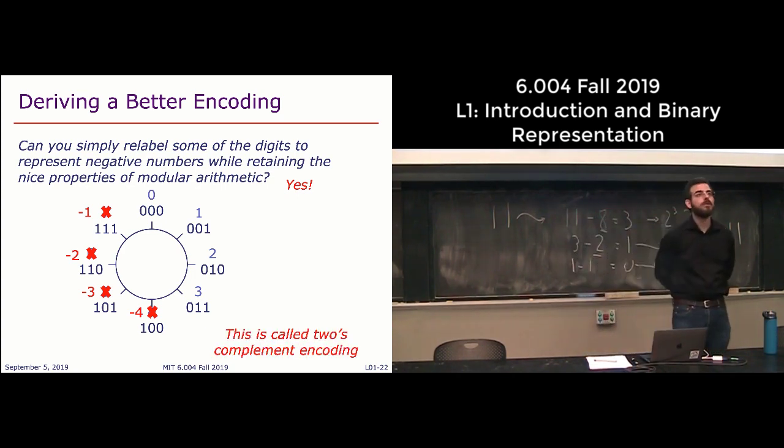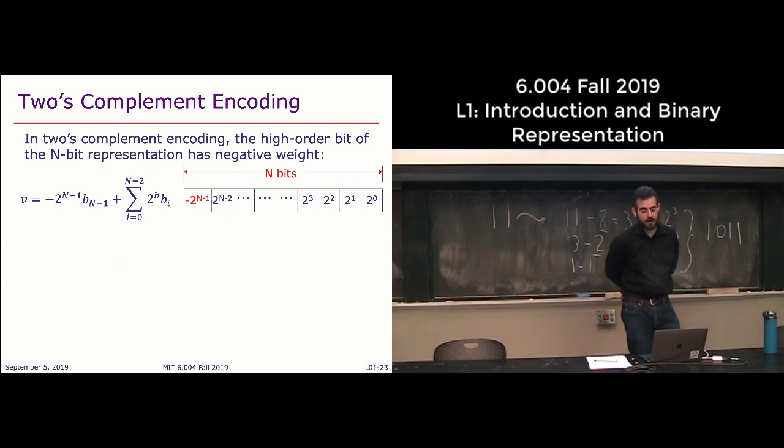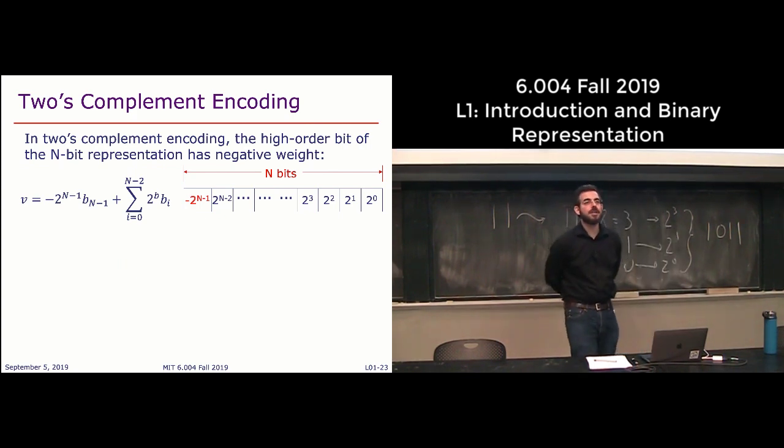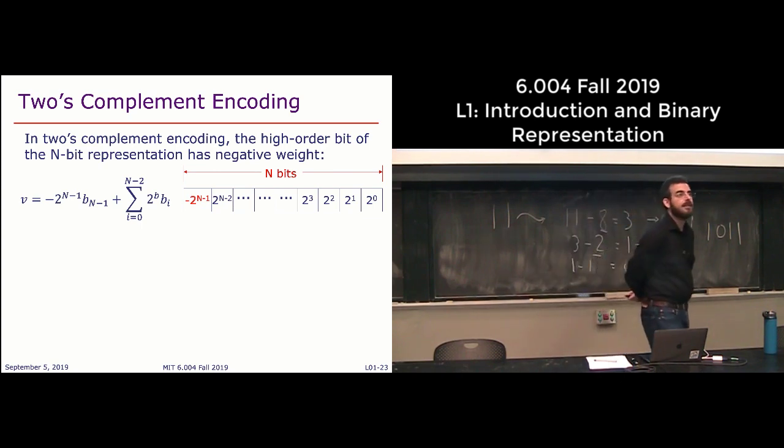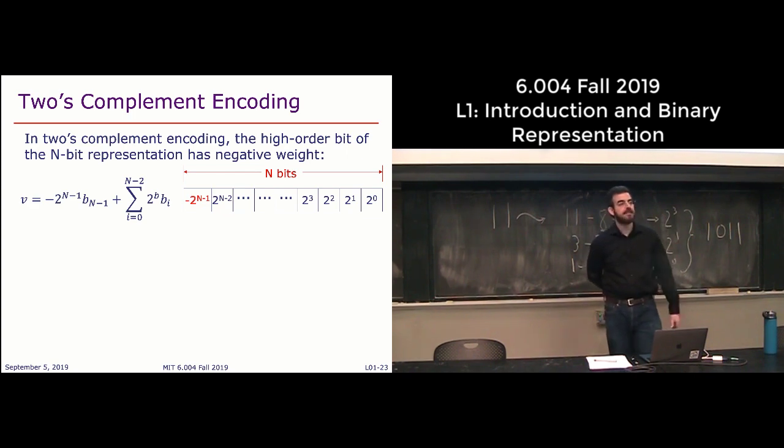So this is called 2's complement encoding. And it actually leads to a very simple formula, where it's just like before, except we're taking the highest order bit, the leftmost bit, also called the most significant bit, or MSB, and changing the sign of the base, right?